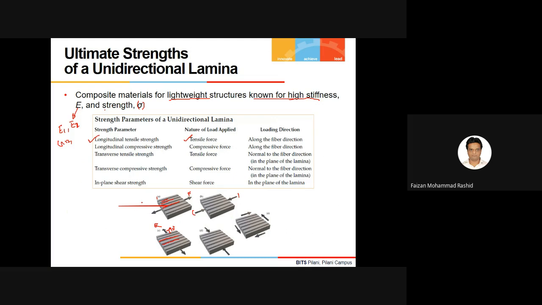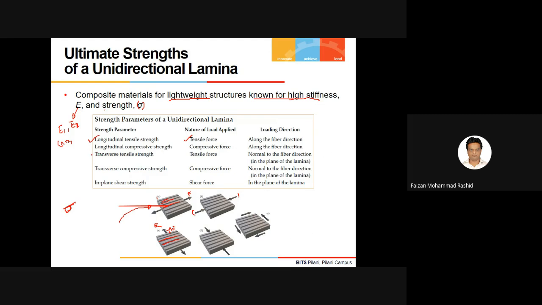So when I'm going to analyze my composite material, I'm going to get a different strength value of the composite material in all the cases. If it was an isotropic material, I would get only one value of the strength, mostly, at least in the elastic region. But here we will have a different thing. So what are the strength parameters?